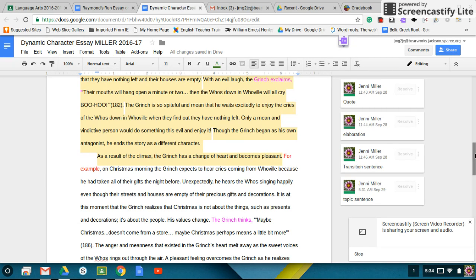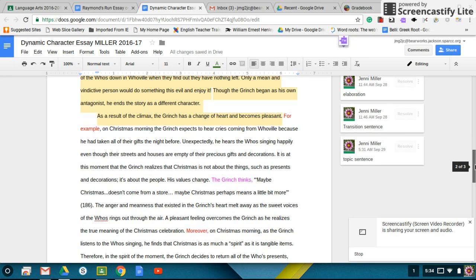So let's look at this paragraph. As a result of the climax, the Grinch has a change of heart and becomes pleasant. This one, topic sentence is okay, but I'd love to see something like the Grinch goes through a metamorphosis and emerges a character who's had a change of heart and becomes pleasant.